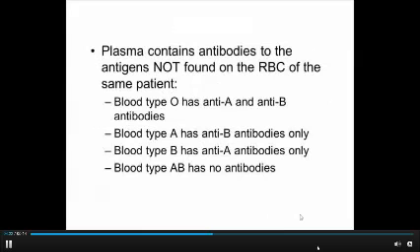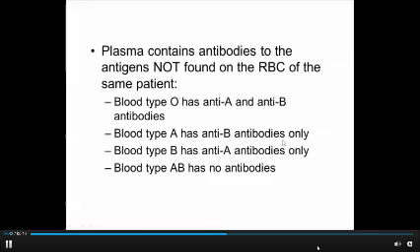Okay? If you have a blood type O, and of course you will be exposed to E. coli and Streptococcus, you will develop anti-A and anti-B antibodies. Make sense? If you have blood type A, you will develop anti-B antibodies only.